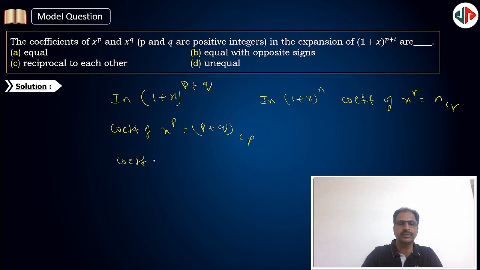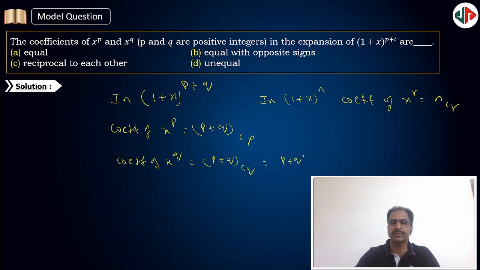What is the coefficient of x^q? (p+q)Cq. Now by using nCr = nC(n-r), (p+q)Cq can be written as (p+q)C(p+q-q), which means (p+q)Cp. Both are equal. Option A.